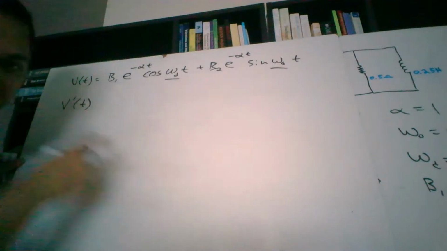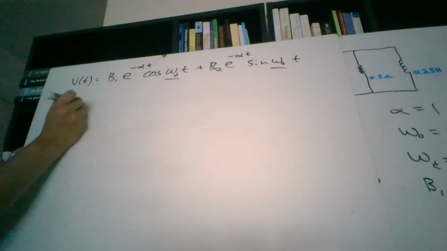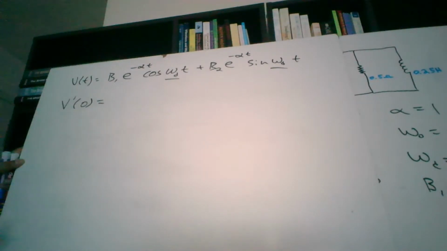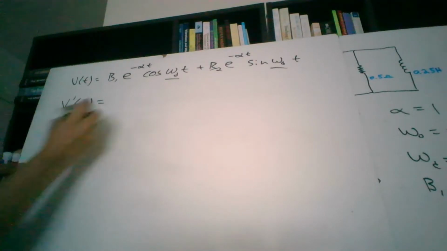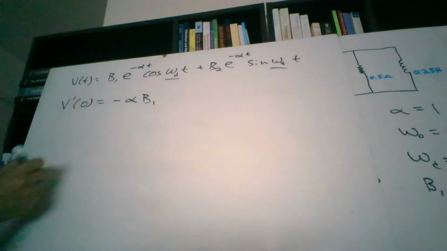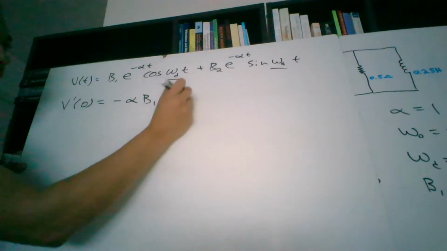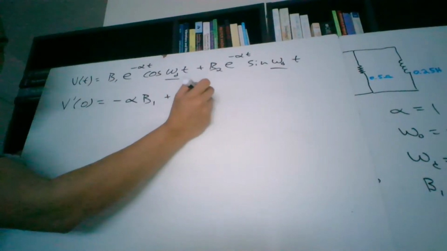I didn't show you that yesterday. I just told you that if we do all of this and then plug in at 0, the solution at 0 will be given by negative alpha B1 plus omega damped times B2.